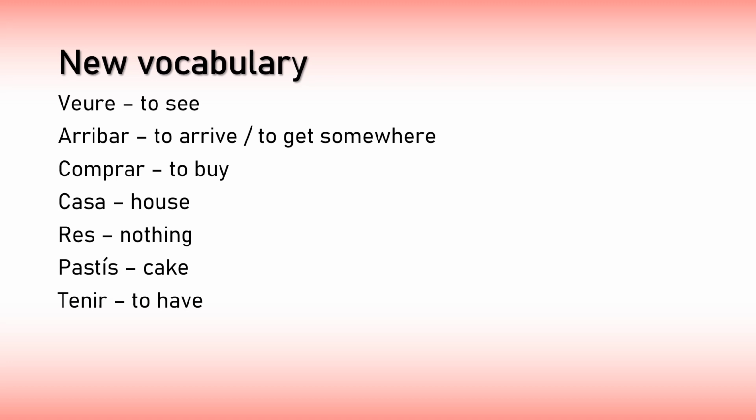Arrive sounds pretty formal in English, but in Catalan you also use it casually to say to get somewhere. El verb comprar, which is to buy. Casa means house. Res means nothing. Pastís for cake, and also in infinitive tenir, to have.